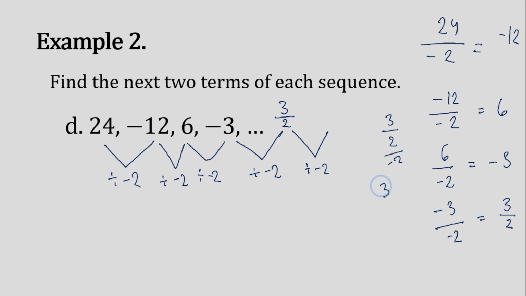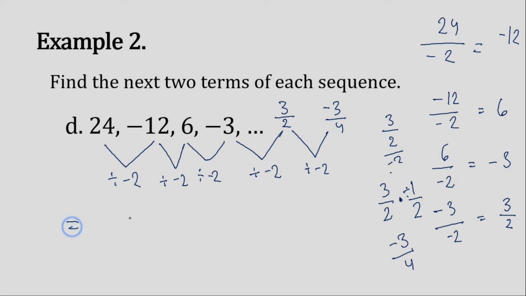So we have 3 over 2. What is the reciprocal of negative 2? The reciprocal of negative 2 is negative 1 over 2. Negative 1 half. So 3 times negative 1 is negative 3, and 2 times 2 is 4. So we have negative 3 over 4.